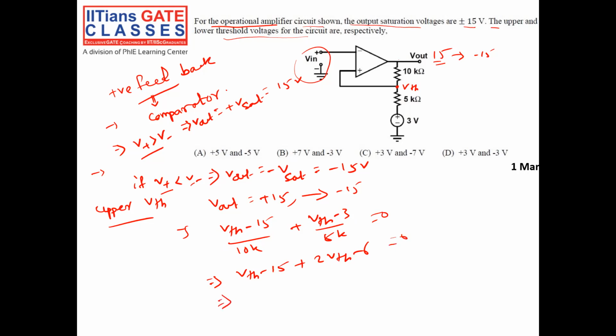This implies VTH plus 2 VTH, that is 3 VTH, is equal to 15 plus 6, which is 21. This implies VTH is equal to 7 volt.